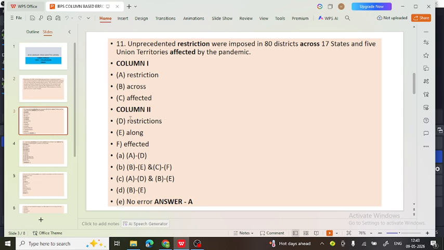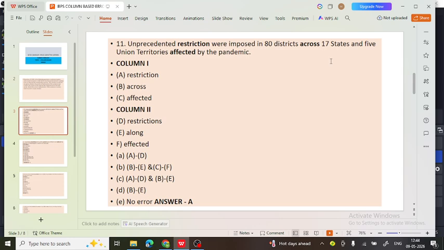So that much you are able to understand. Now see the given options, option A and option C, where A can be replaced with D. But one extra thing given is that B can be replaced with E. Here B is across, and the E replacement given is along. So the restrictions were imposed in 80 districts across 17 states or along 17 states.